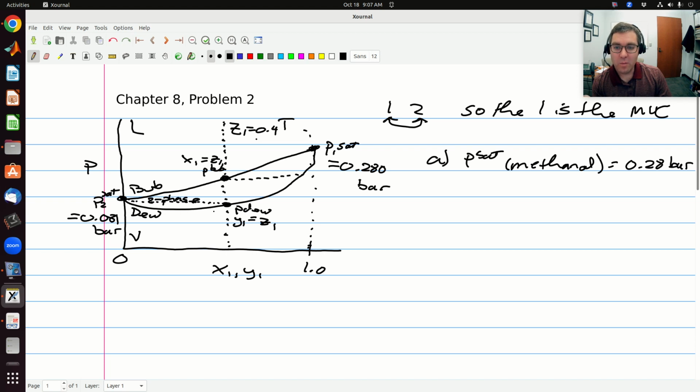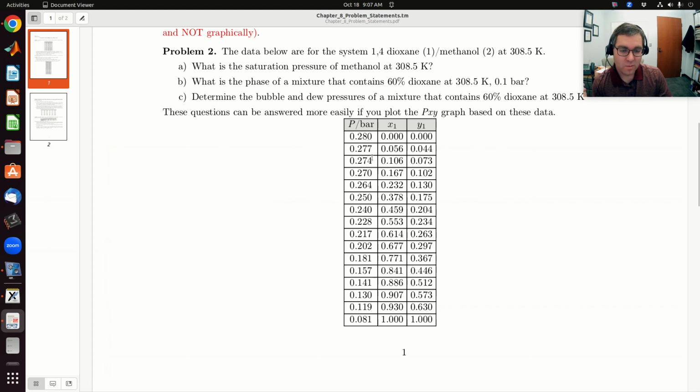And then I need to find when y1 is equal to 0.4, and I need to find the corresponding saturation pressure. Now in the tabulated data, it's going to be when x1 is equal to 0.6 and y1 is equal to 0.6 because it's 1 minus that. Okay, because the data is tabulated with respect to the least volatile component. But we'll work it all out in MATLAB. So 0.6, and again, 1 minus 0.6 is 0.4.